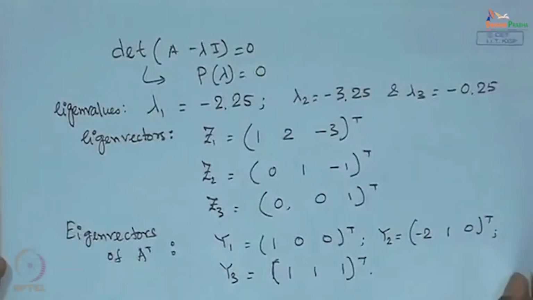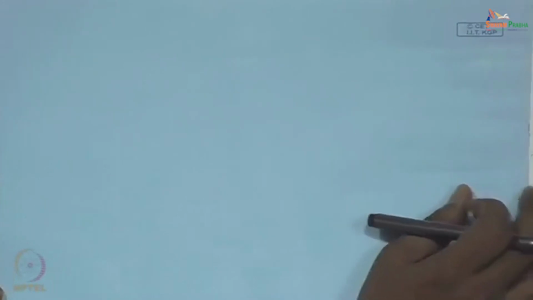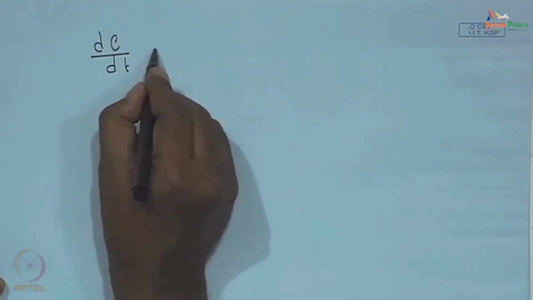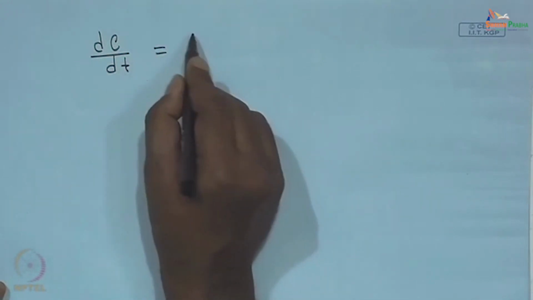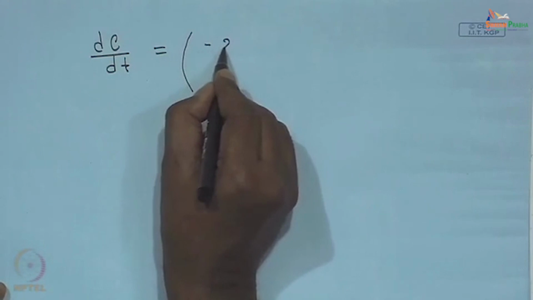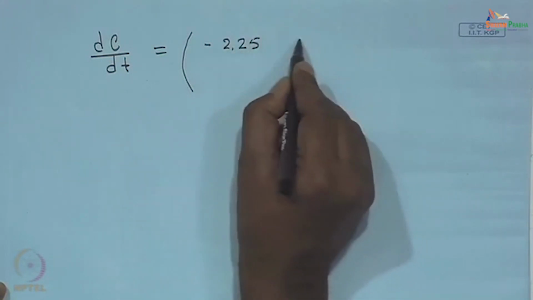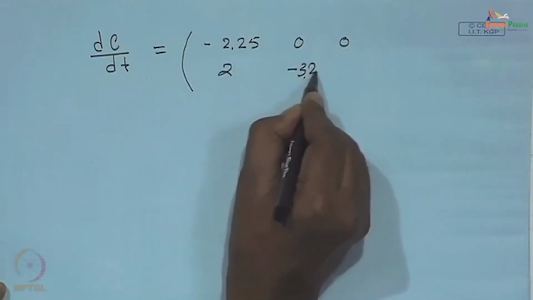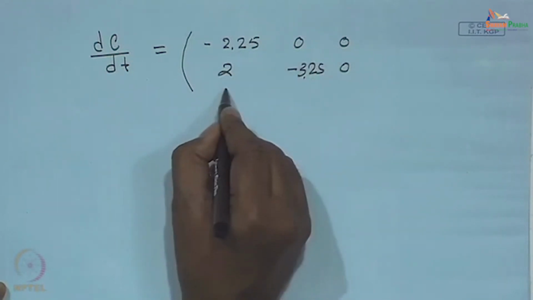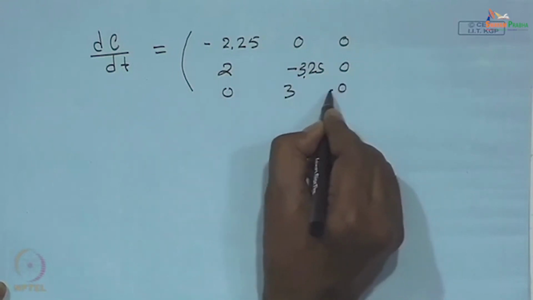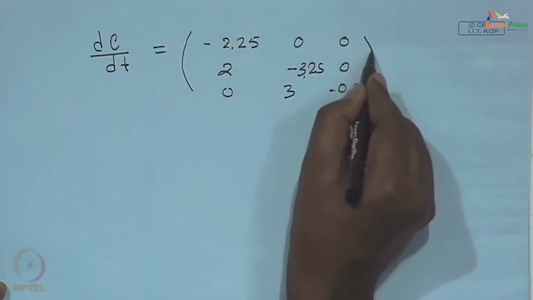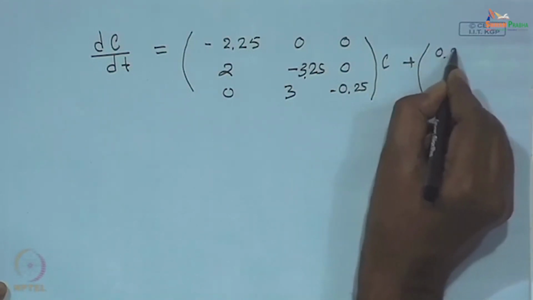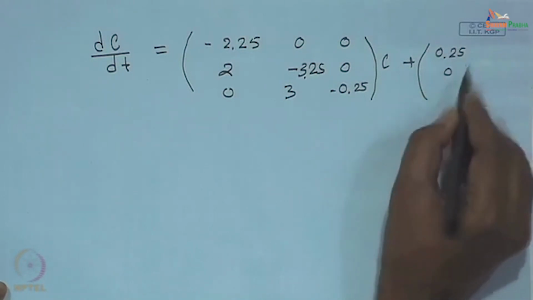So, we can write the compact notation that dc/dt is equal to the matrix with diagonal entries -2.25, 2 minus 3.25, and 3 minus 0.25, times the vector c, plus the vector [0.25, 0, 0].